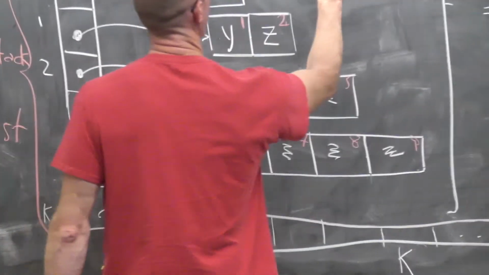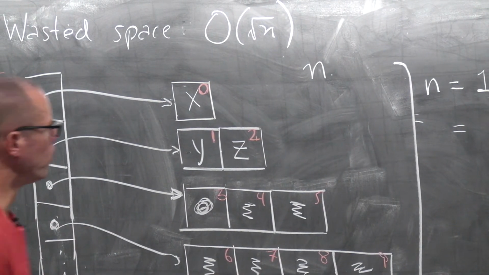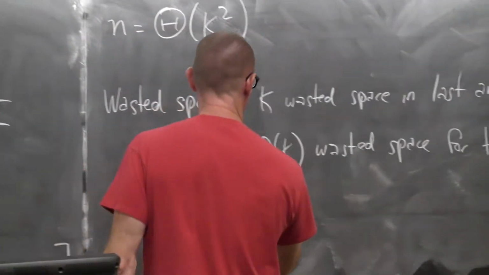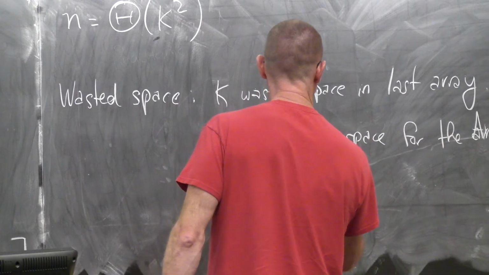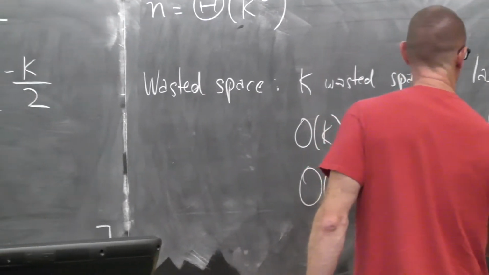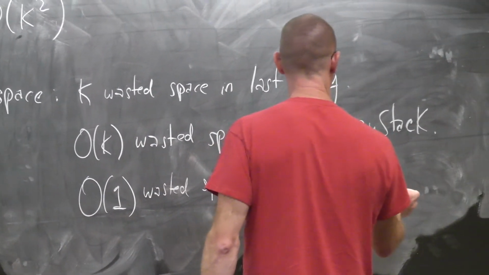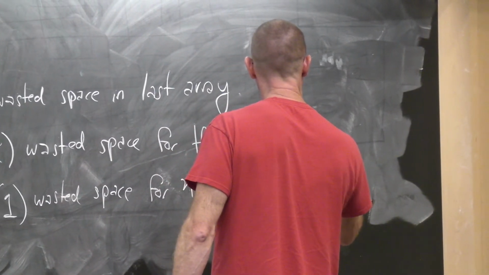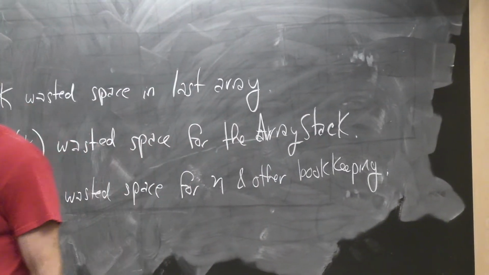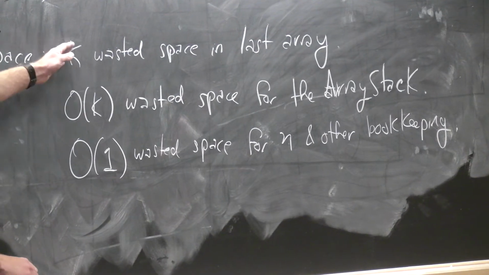Probably we should also do a bit of bookkeeping here. We will keep track of the value of n. Usually that's kind of helpful. So we'll have a constant wasted space for n and any other kinds of little bookkeeping things we want to do. Okay. So here we've been writing it in terms of k.